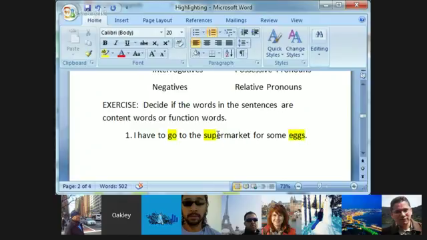There would be nothing wrong with also stressing supermarket. I have to go to the supermarket for some eggs. Okay. There would be nothing wrong with that either if I'm stressing where I need to go. It's totally up to the speaker what word is highlighted. There are no rules. There is no right and wrong here in today's lesson.